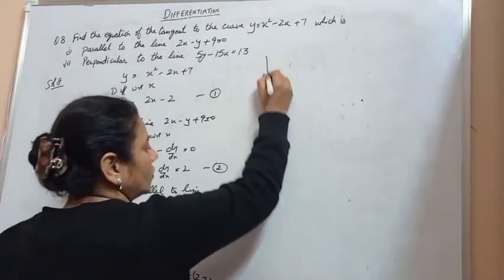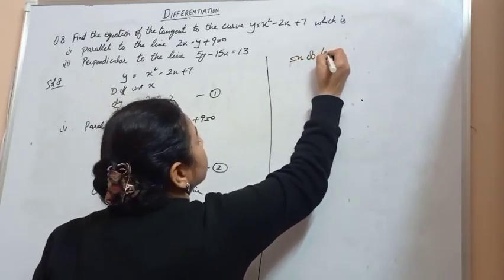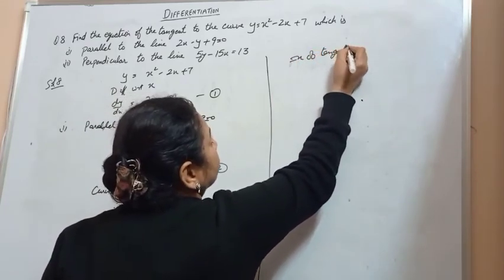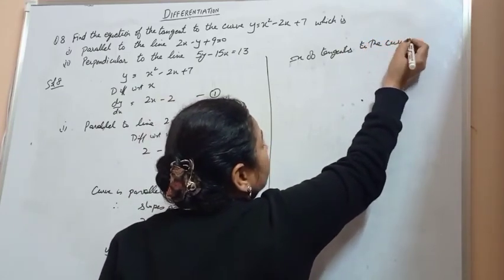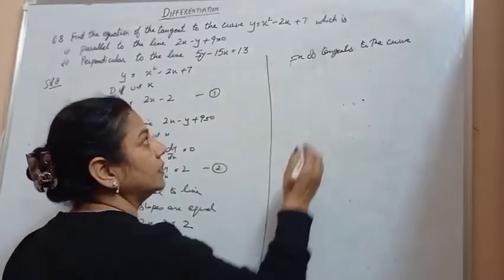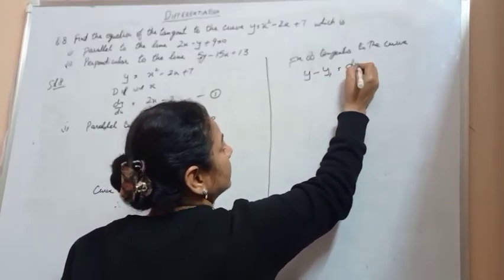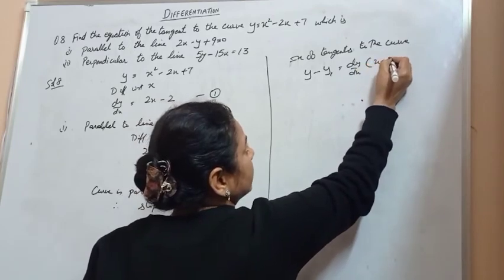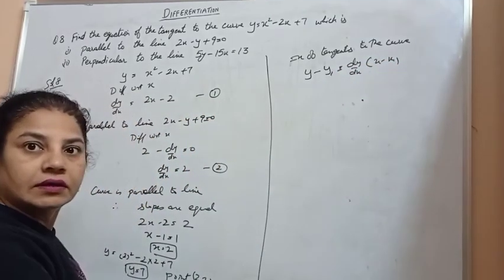So the equation of the tangent to the curve when it is parallel to the line is given as y − y1 = dy/dx (x − x1). Now substitute the value of y1 as 7 and x1 as 2.